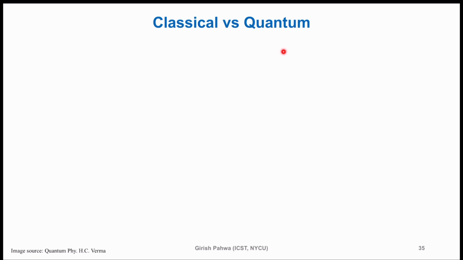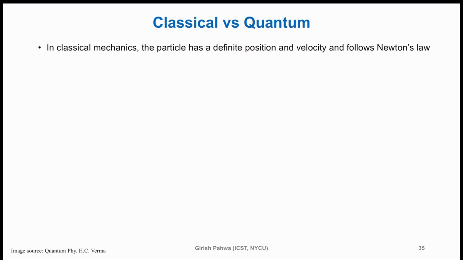And in classical mechanics, we talk about the absolute quantities, momentum, position. In quantum mechanics, we will talk about their mean values. In classical mechanics, the particle has a definite position and follows Newton's law. You know that dp by dt is equal to force, given by minus dV by dx.